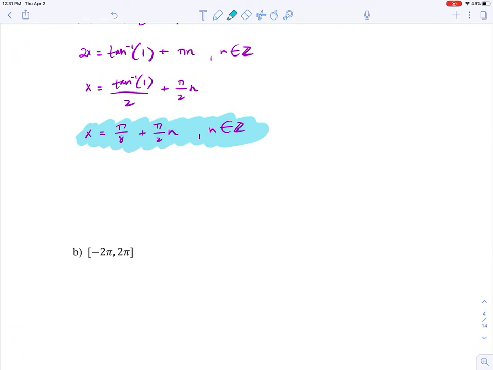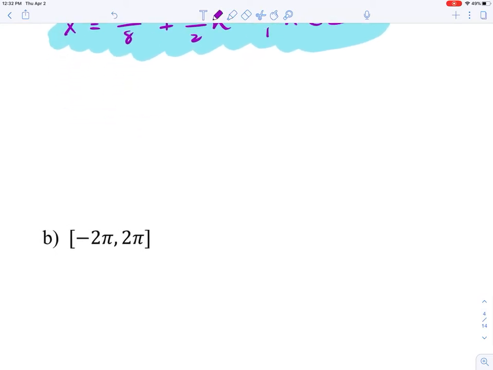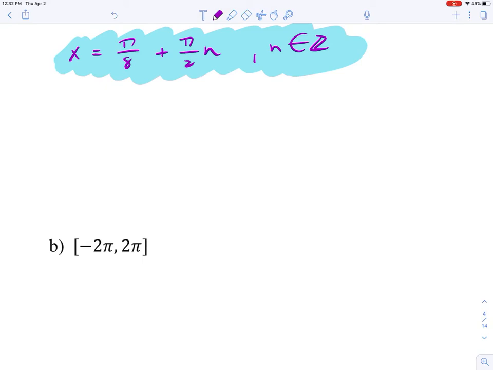So I'm just assigning values to n. I'm going to start when n is equal to 0. We would have pi over 8. And if n were equal to 1, pi over 8 plus pi over 2 would be pi over 8 plus 4 pi over 8, which would be 5 pi over 8.